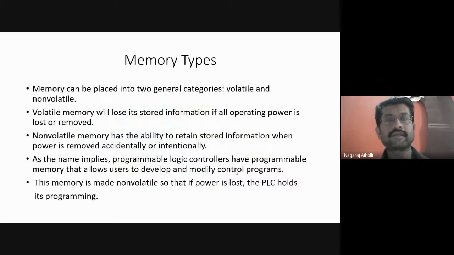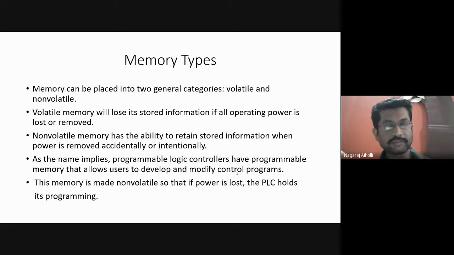Various types of memory: volatile memory and non-volatile memory. Volatile memory is the one in which the stored data will vanish, or be deleted, or be lost whenever there is a power supply loss. Whenever the power supply is turned off, if the data is lost in the memory, then such types of memory are called volatile memory.